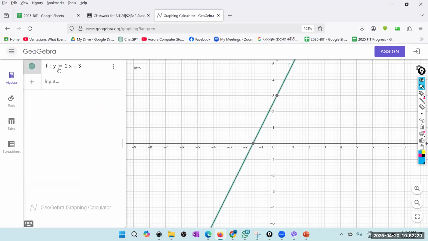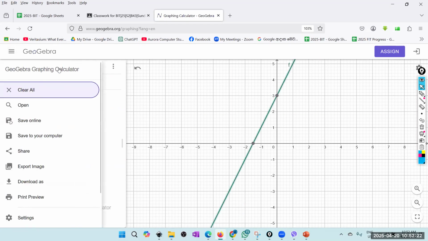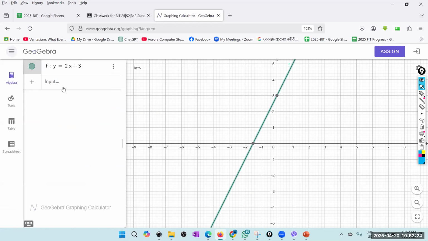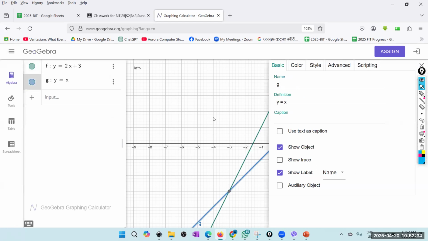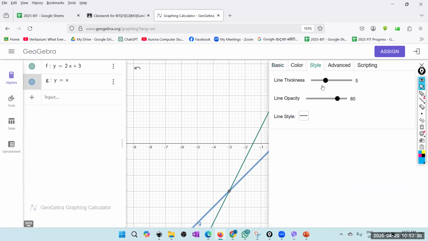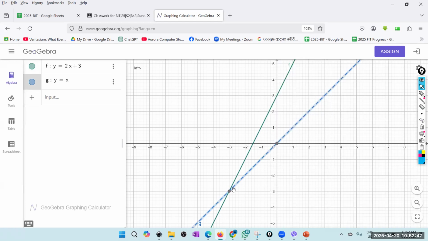Now I will draw the y equal x line also. Y equal x. I will ask you to draw something like this. Right. So now what is the inverse of this?